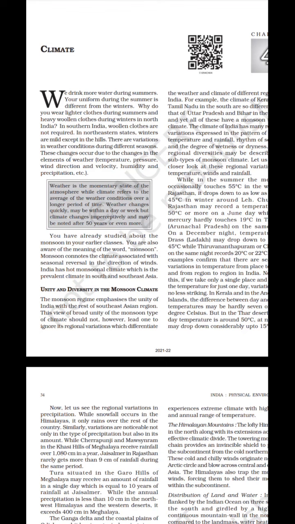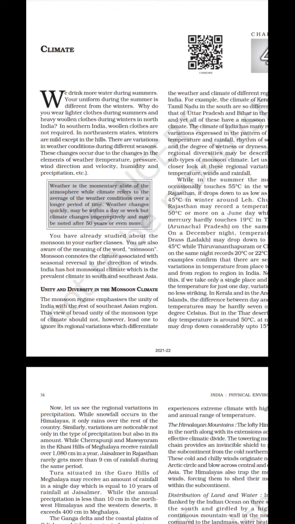While in the summer the mercury occasionally touches 55 degrees Celsius in western Rajasthan, it drops down to as low as minus 45 degrees Celsius in winter around Leh. Churu in Rajasthan may record a temperature of 50 degrees Celsius or more on a June day, while the mercury hardly touches 19 degrees Celsius in Tawang, Arunachal Pradesh on the same day.